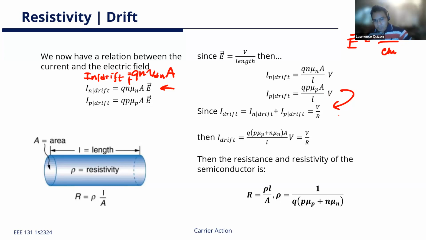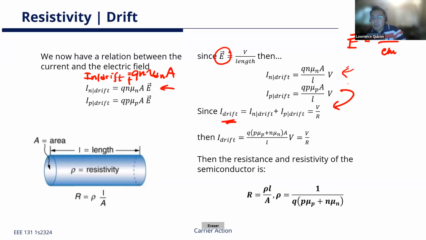Anyway, since we know that the electric field is V over length, we can relate the total drift current to voltage over resistance, no? We just replace E with V over L, like here.